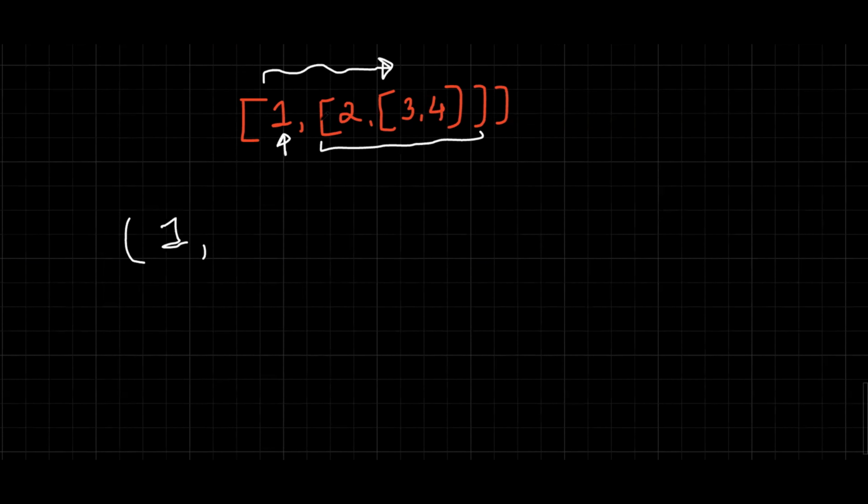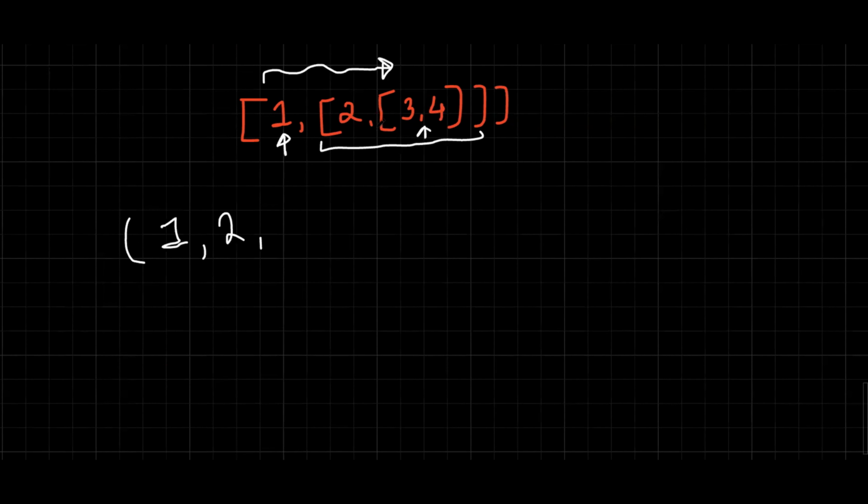For this second element, we have to check the first element of it, whether it is an integer or not. If it is an integer, which is 2, we have to add 2 here. So far, so good.